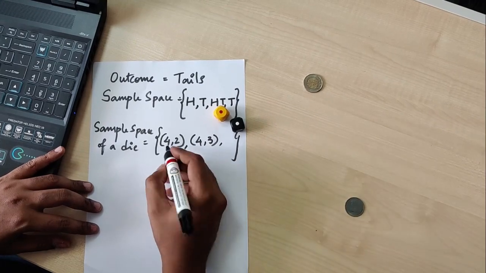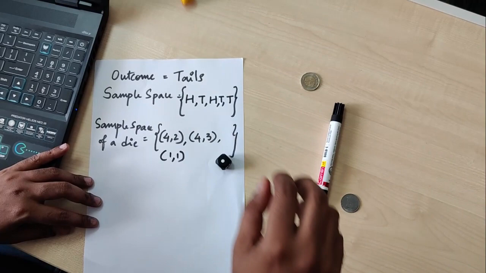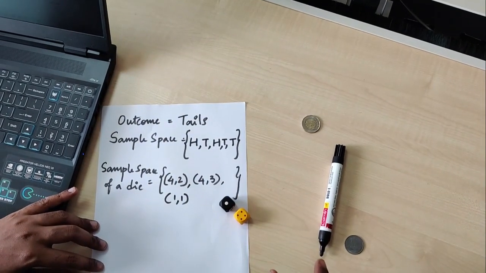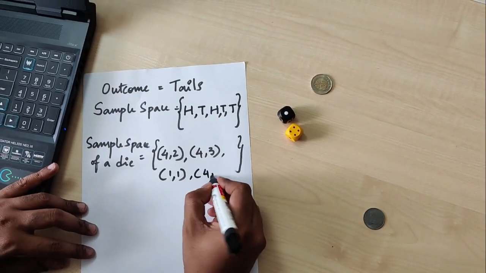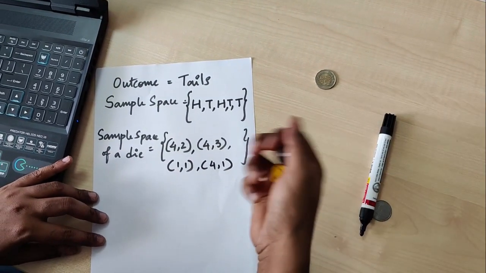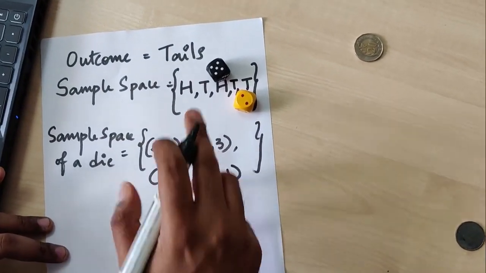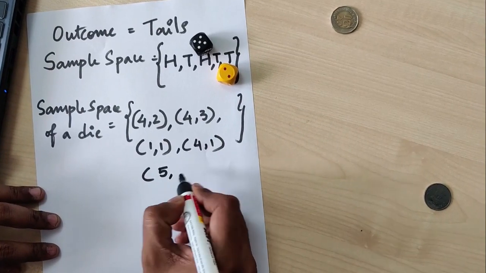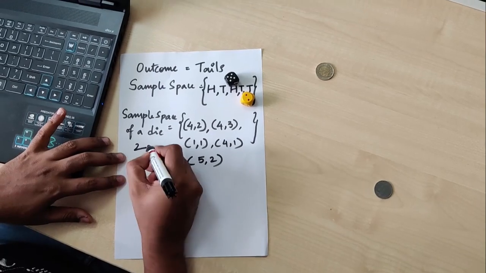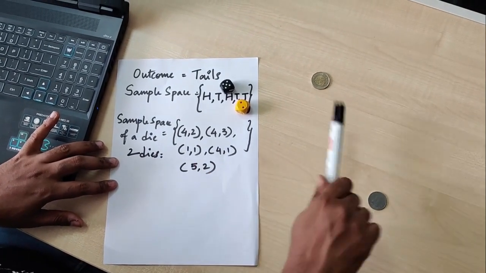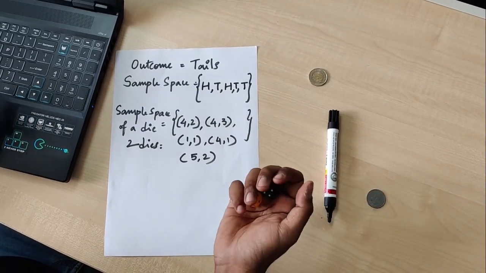Now I got 1, 1. Now what I got is 4, 1. The last experiment I got is 5, 2. Now you can see the sample space of 2 dice here. So this is ultimately what an outcome and a sample space are.